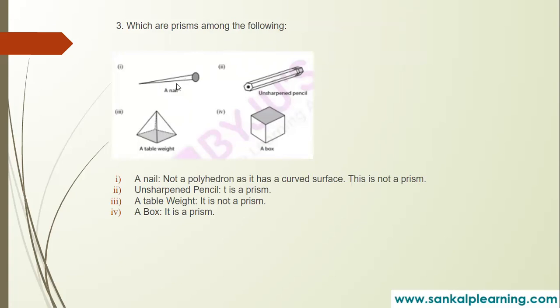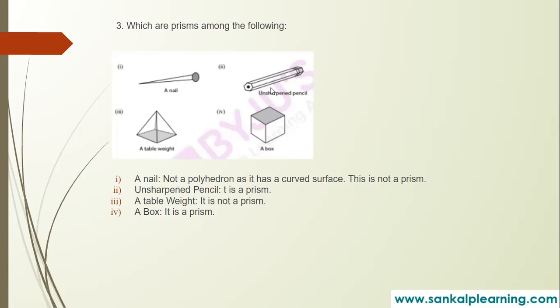See, before prism ge hogak munche, okay, let us check whether it is a polyhedron or not. Polyhedron is nothing but, already I had told you, it is made of flat faces, right? See, nail is not a polyhedron because it has curved face. Right now, curved face ide illi, so it is not a polyhedron, so it is not a prism.